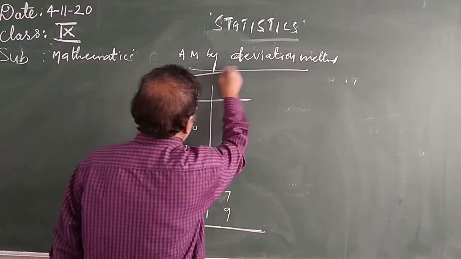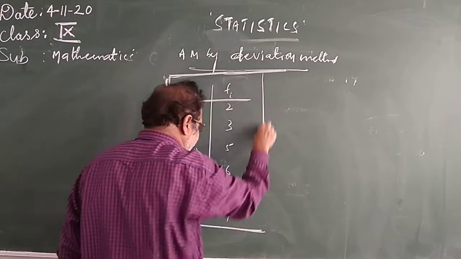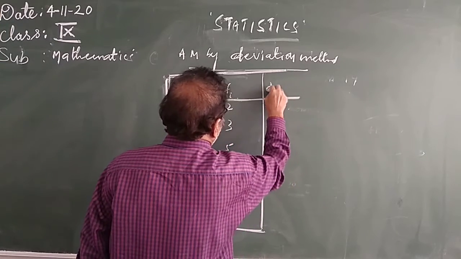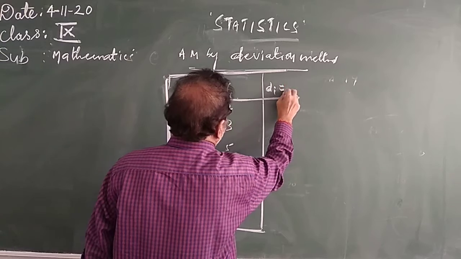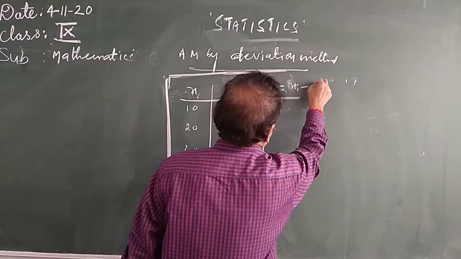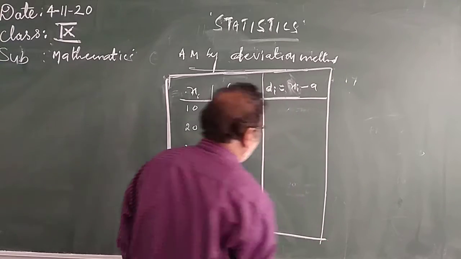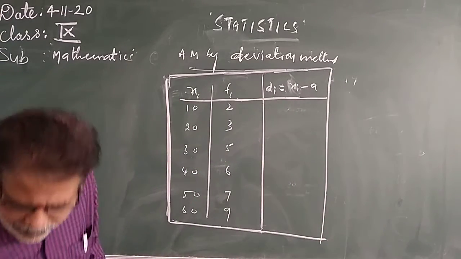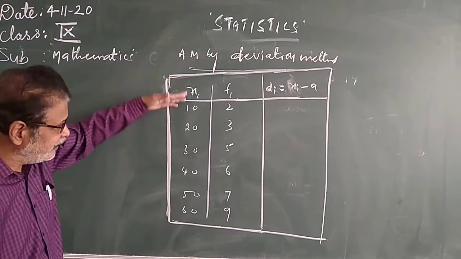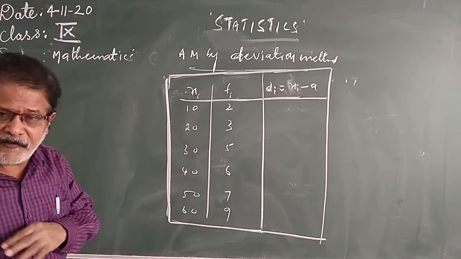So in this, among the given observations, for our convenience, we can assume any observation as the mean. We want to find out di. Di is equal to xi minus a. A means the assumed mean. Assumed means you can imagine any of the given observations as the mean according to our convenience.